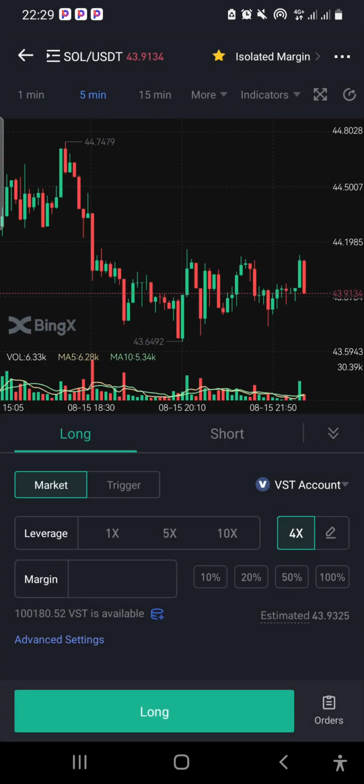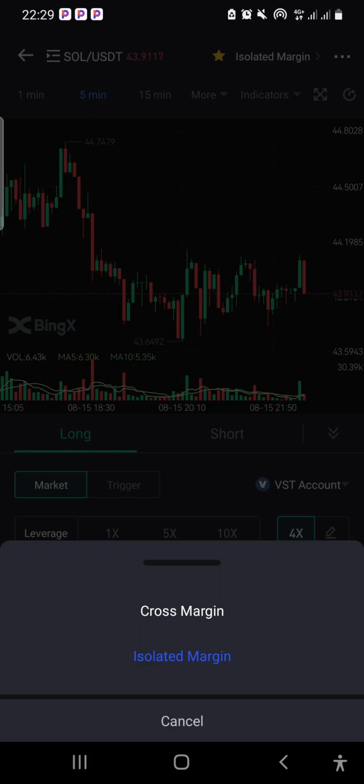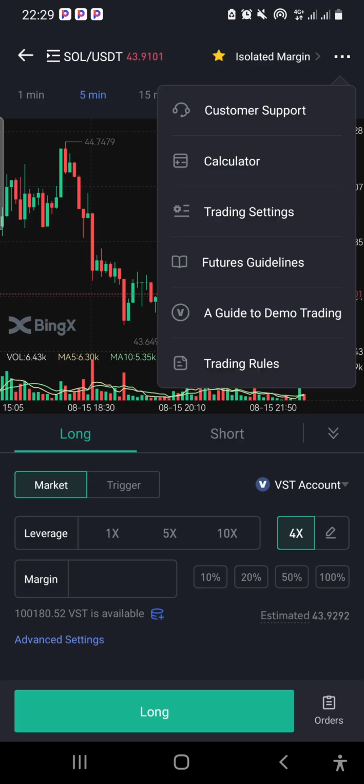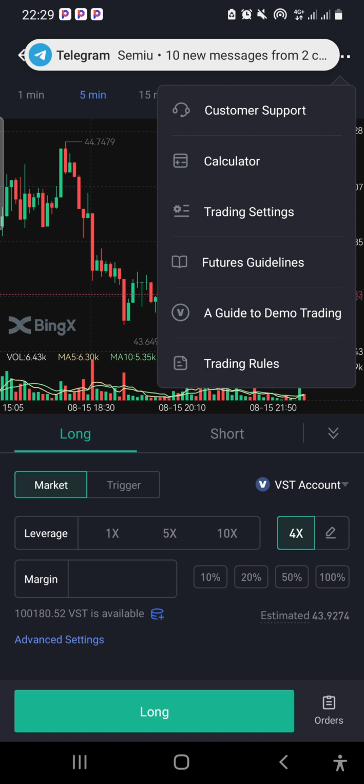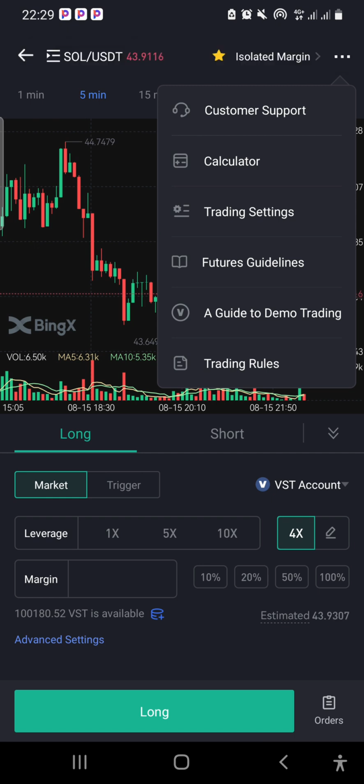Now the margin, this is where you change it, cross or isolated. Then position sizing, the calculator and all of that. The calculator is right at this point here.